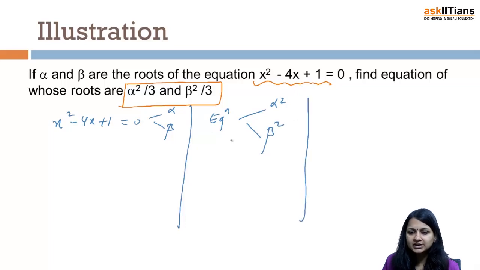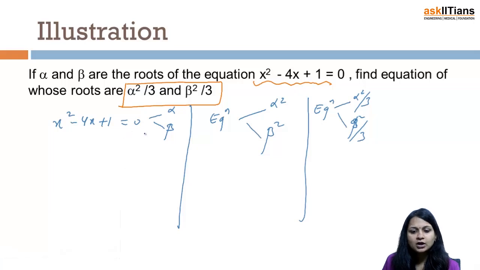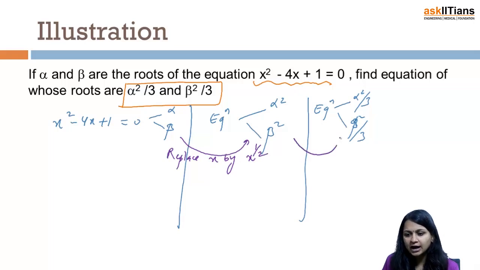Using this, I will then write an equation whose roots are alpha square by 3 and beta square by 3. Let's understand the operation we have to do. To reach alpha square and beta square from alpha and beta, I will replace x by x raised to the power half. And then I will replace x by 3x. Okay, so let's do it.